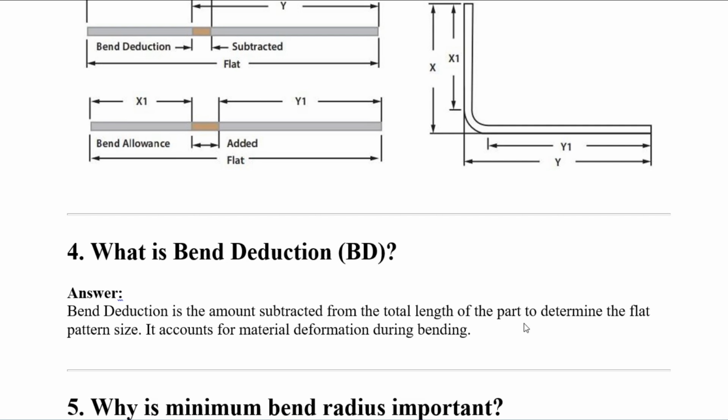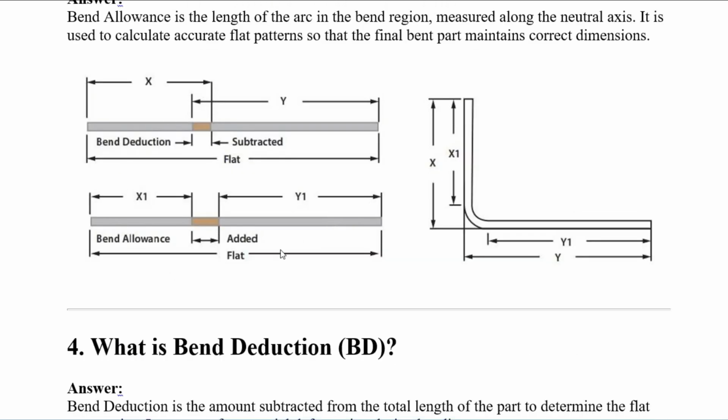Both bend deduction and bend allowance are used for calculating the flat pattern, and they account for material deformation during the bending. From this image we can completely understand.